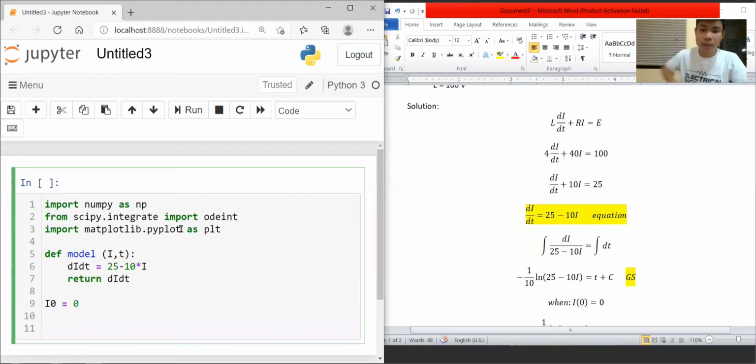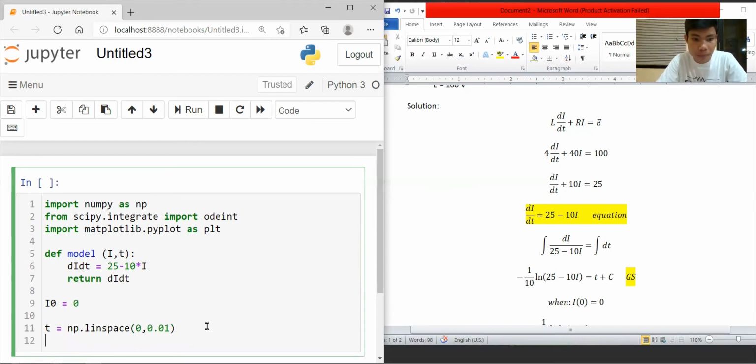Then our given time intervals. So we have T. So here our time intervals is 0 to 0.01, given we have to find the current at time equals to 0.01 na nandun sa problem kanina. So now this is the part that we're going to solve for ODE.